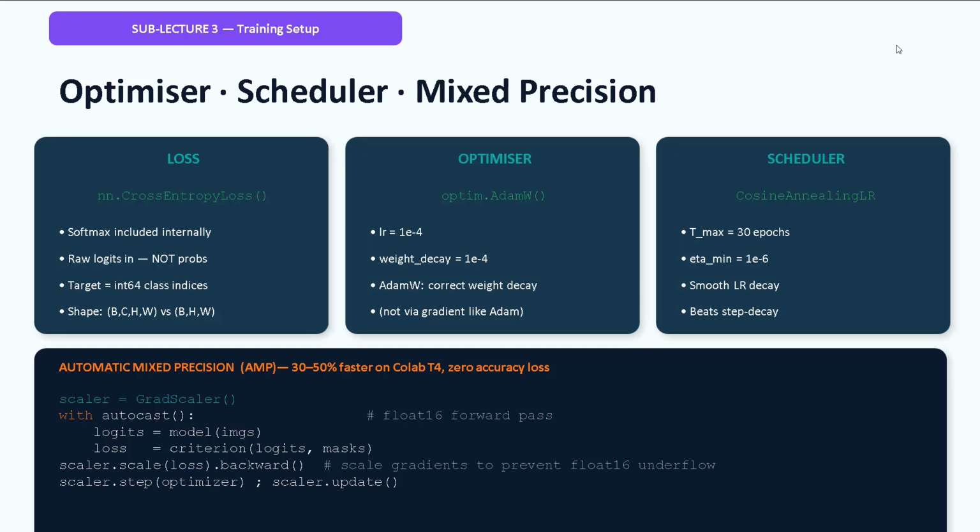And AMP, automatic mixed precision. This trains parts of the network in float16 instead of float32. Halves memory usage, roughly 30 to 50% faster. Minimal to no accuracy loss for most tasks.